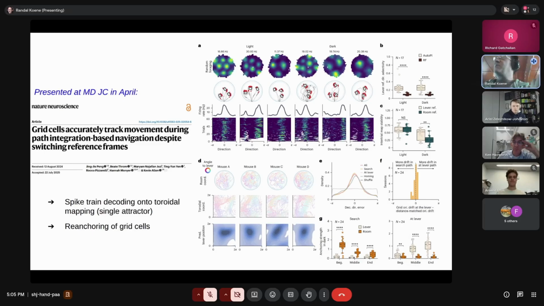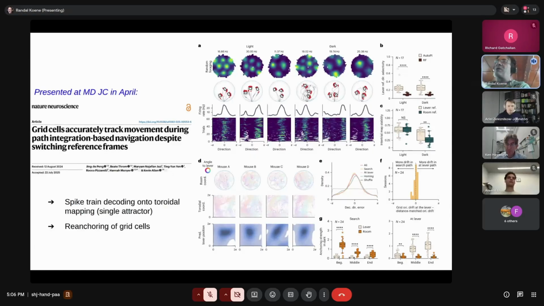And then the principal insight from that paper was that grid cell activity appears not to be one static map, but instead re-anchors. As you're entering a new environment, you have one set of grid cell firing that is based on features in that environment. And then if a mouse reaches a lever, the grid cell firing re-anchors to that lever and becomes relative to that location.